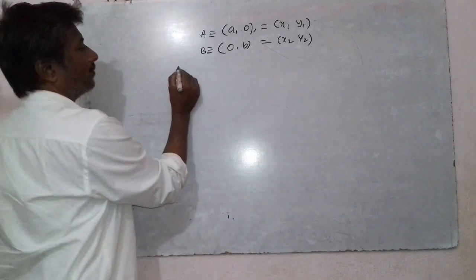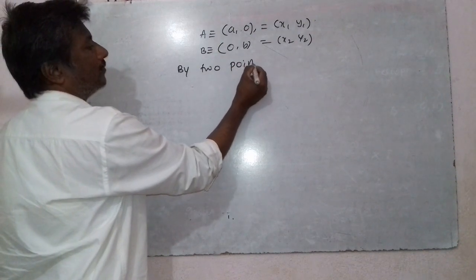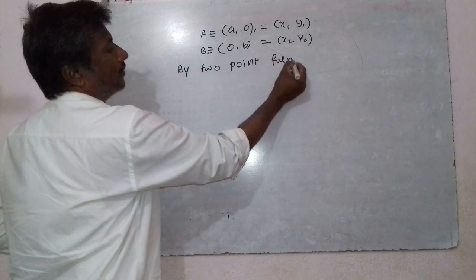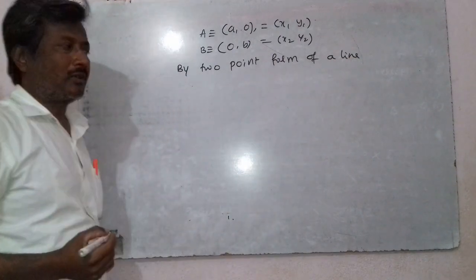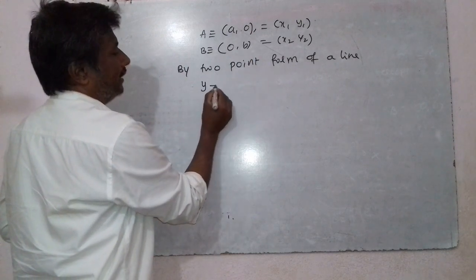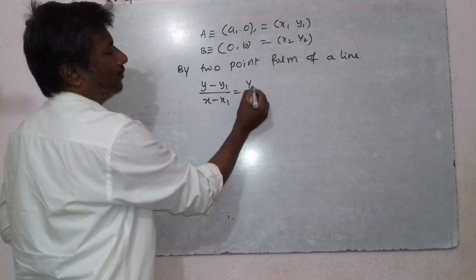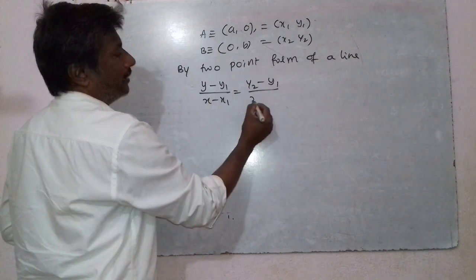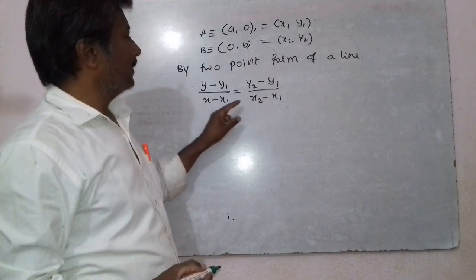By the 2-point form of a line, that is y minus y1 divided by x minus x1 equals y2 minus y1 divided by x2 minus x1. This is the formula.